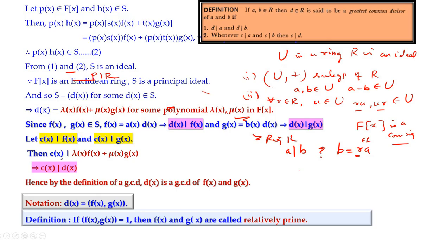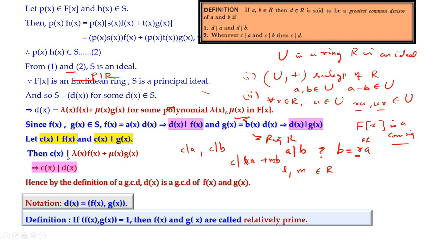Now this automatically implies, as you have done in UG itself in a ring R, that whenever C divides A and C divides B, C divides LA + MB, where L, M are in R.